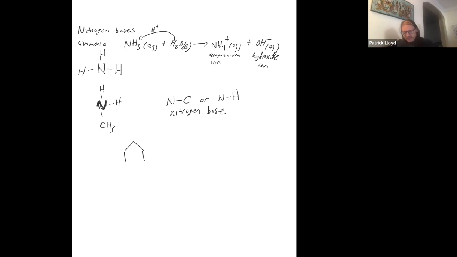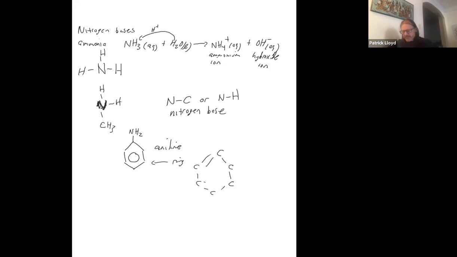So here's an example. This is a carbon ring, NH2. This is called aniline. When you see this little ring, really what that's saying is you've got carbons at each point in that ring. So there's your 6 carbons.